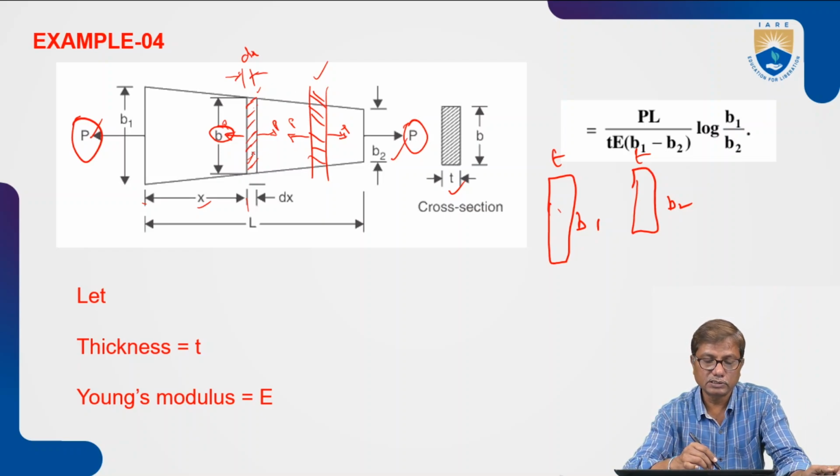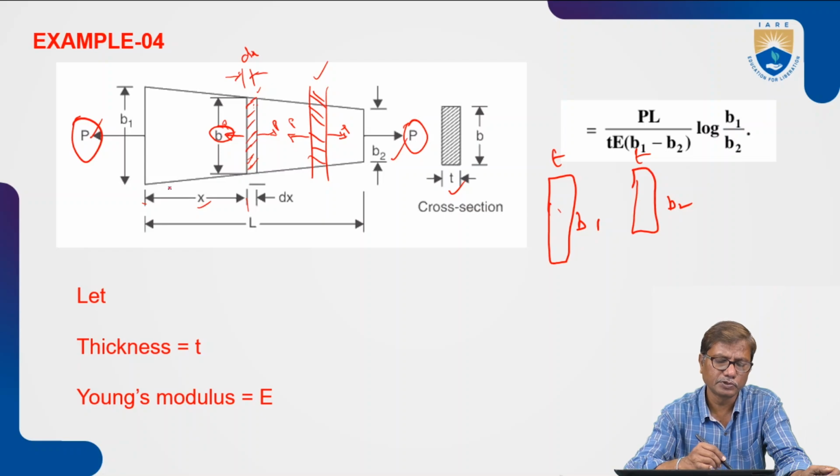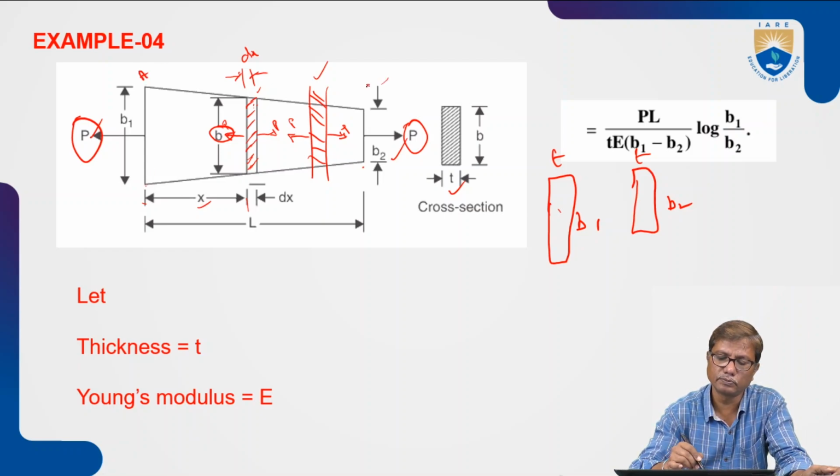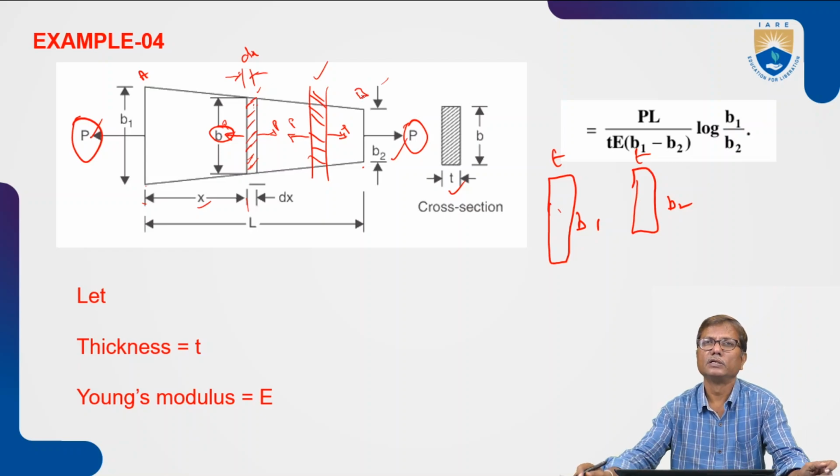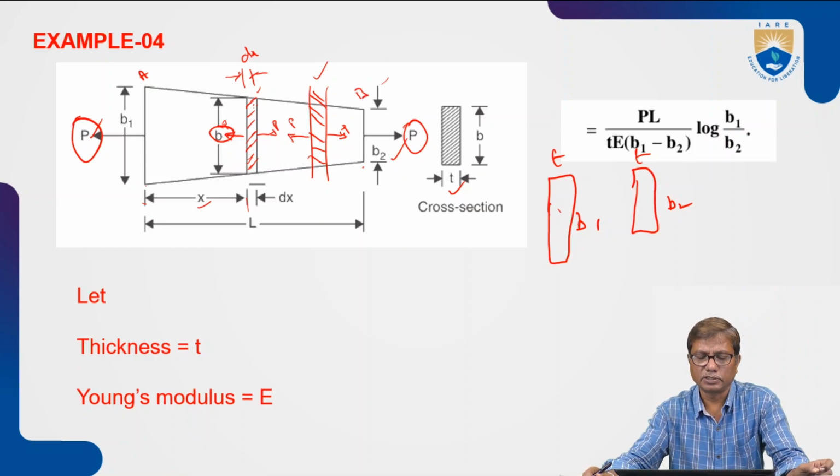And we consider the elongation of this elementary strip, and we integrate that between the limits of x from 0 to L. That means from left end to the right end, from A to B, to get the total elongation.